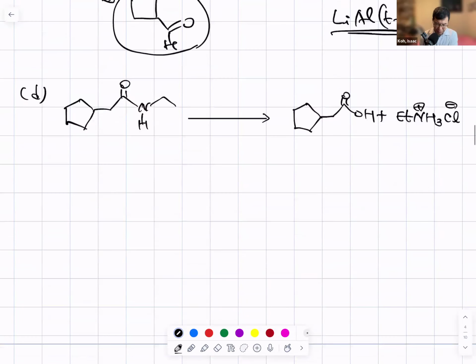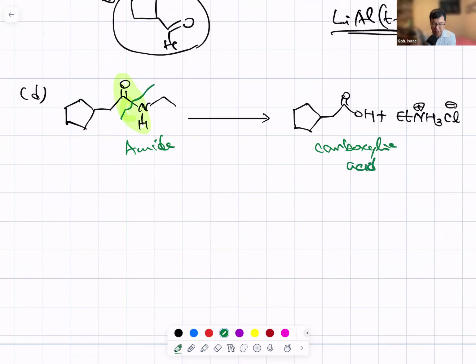And D, we have an amide here, and we convert this one into a carboxylic acid. So this is hydrolysis. This part is hydrolyzed.